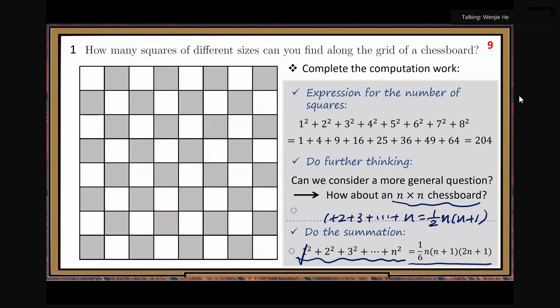That's in your discrete math, right? Later we will have some questions where we need to apply mathematical induction.